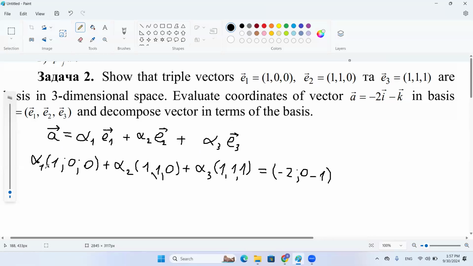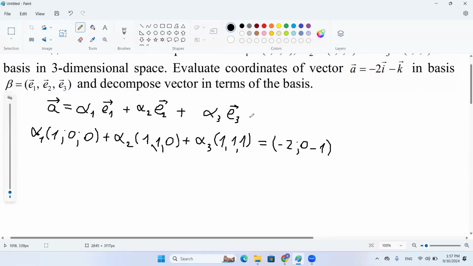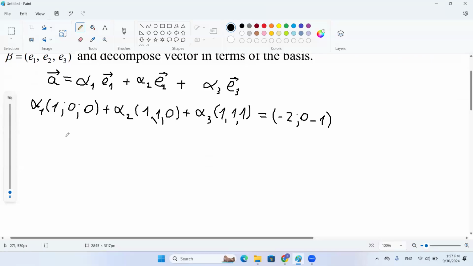So we need to find coefficients. And do you have any idea how to find them? Maybe multiply coordinates by... Right. Let's remember matrices, what we were doing with them.